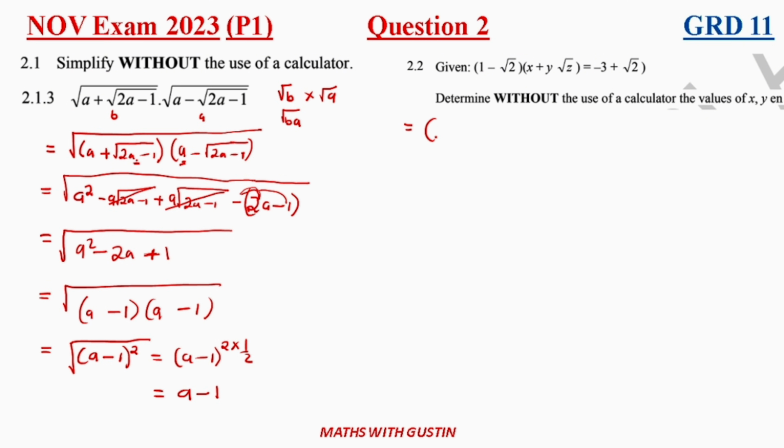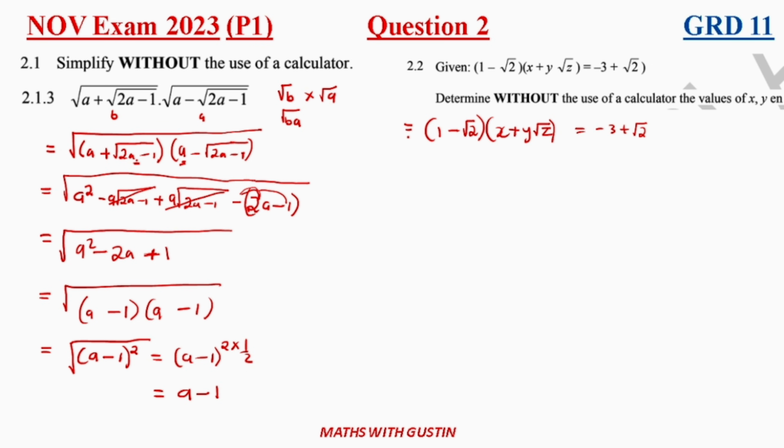All right, so now let's have a look at what we're given. We are given (1 minus square root of 2)(x plus y square root of z) is equal to negative 3 plus square root of 2.